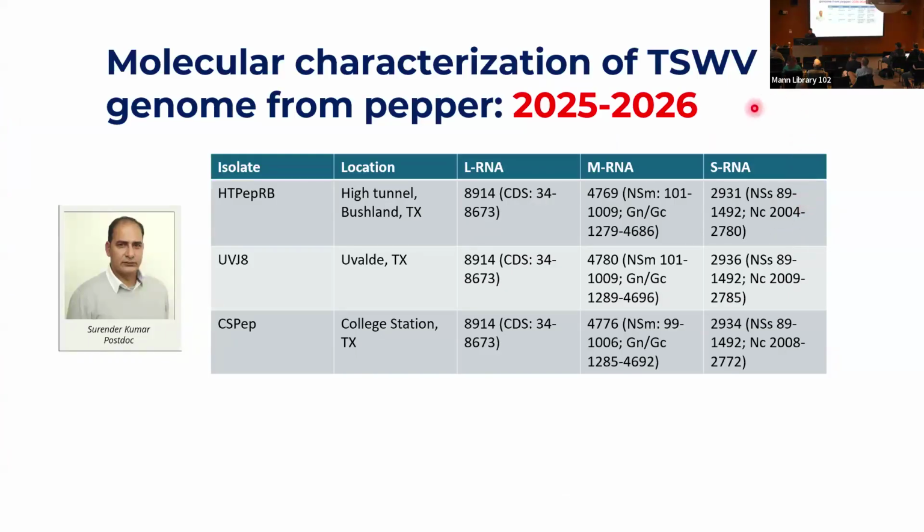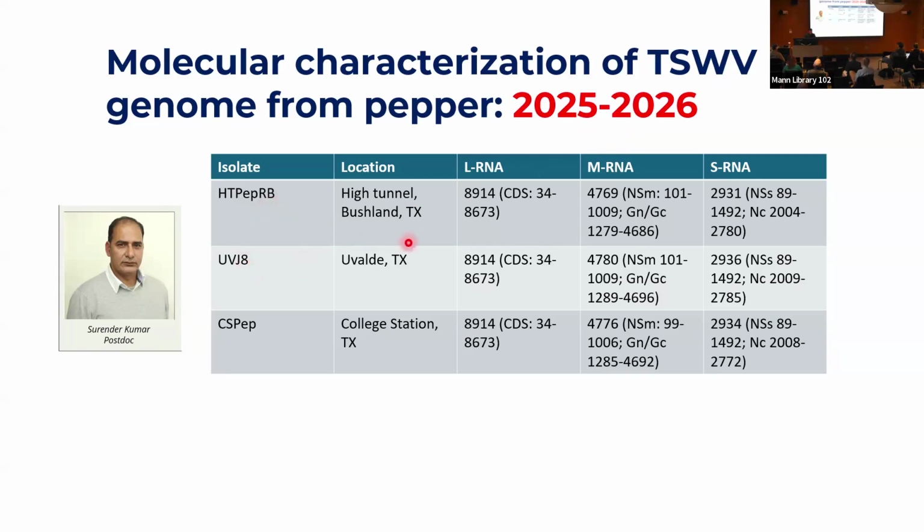Now, coming to 2025 isolates, we had 3 of them, and what we were interested in seeing is whether the resistance breaking mutations that we've been seeing in the earlier isolates are also present in these 3 isolates. And that's why we extensively molecularly characterized them as well as studied the phenotype.